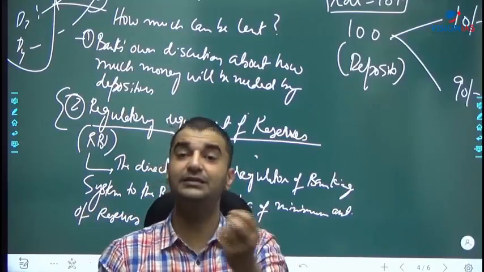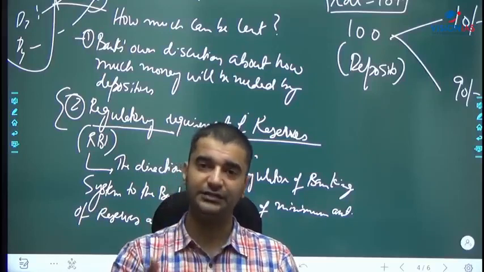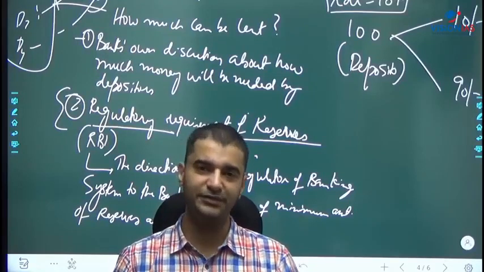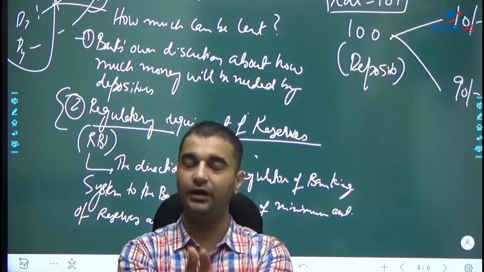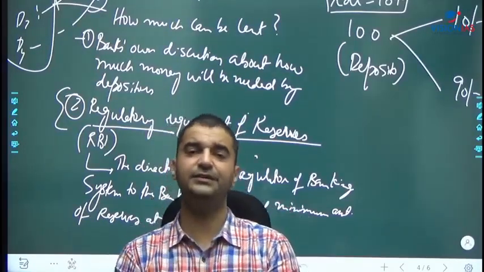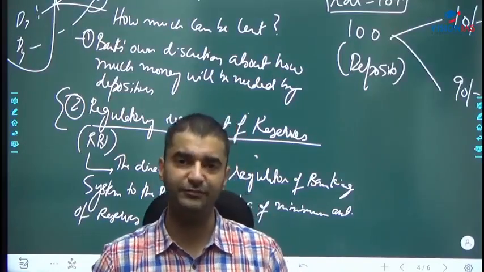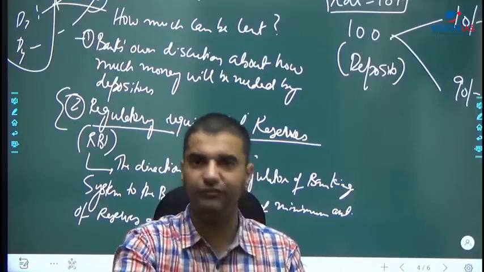Like we discussed with real interest rates: if inflation is 10% and the interest that you earn is 5%, then in real terms your money will deteriorate at the rate of 5% every year.